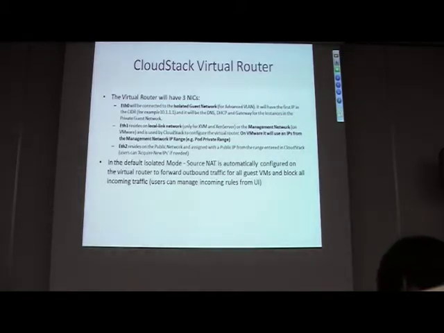Up to, I think, 6.0, XenServer did not support the idea of trunking VLANs into VMs. So we had to create different NICs for IP addresses that are on different VLANs. In the default isolated mode, we would use source NAT on the virtual router, but then you can add other rules such as static NAT and load balancing.